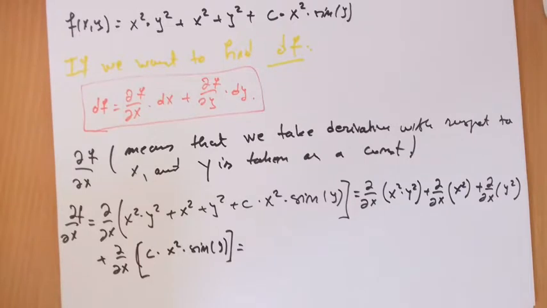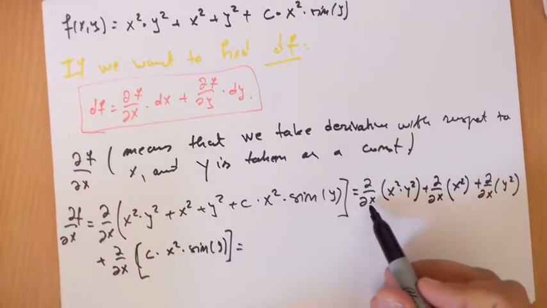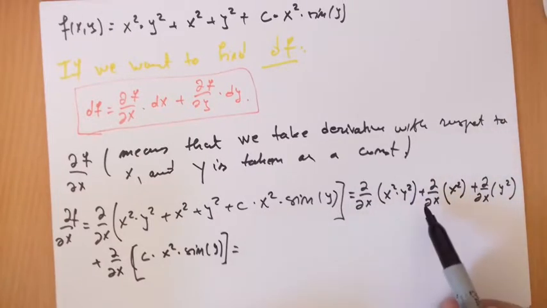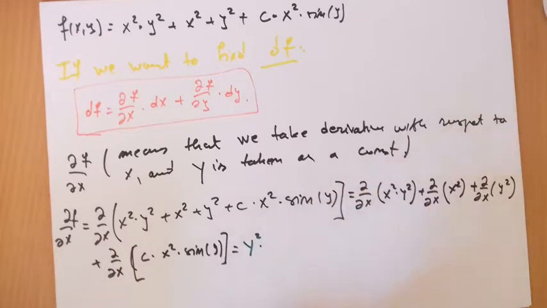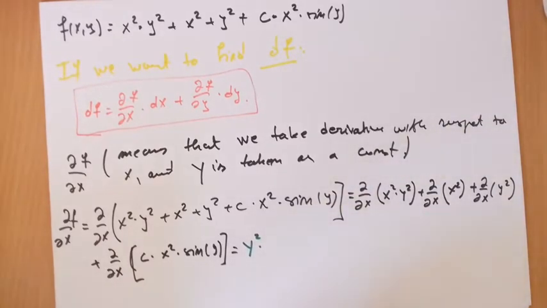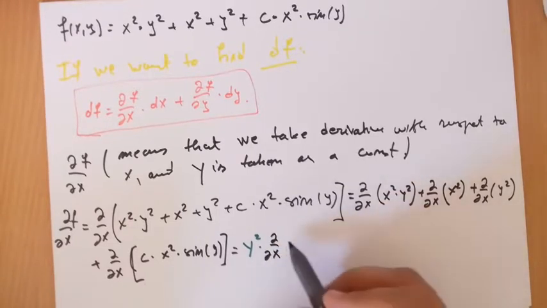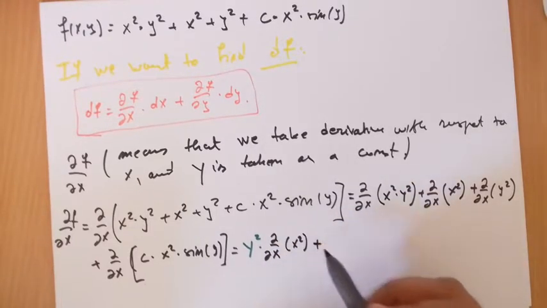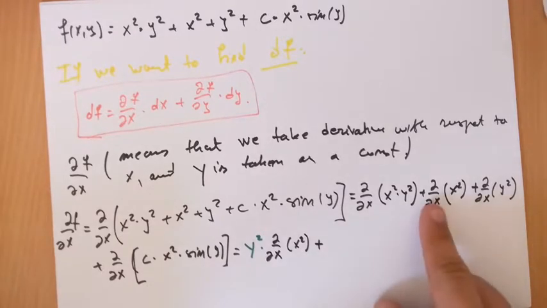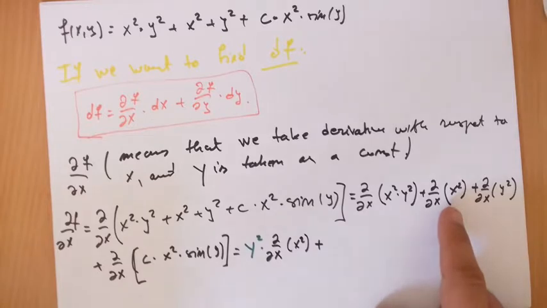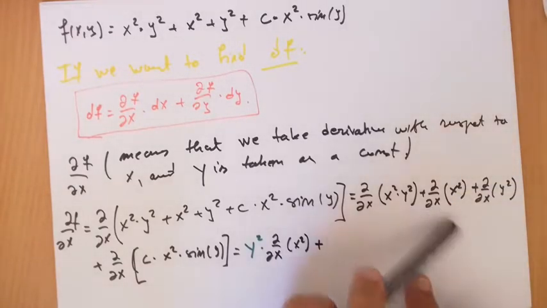With the first one, y squared is a constant, so it goes before, and we take partial of x squared with respect to x.